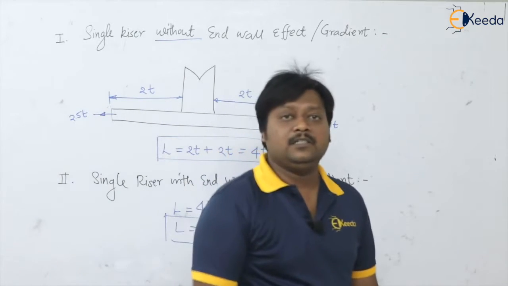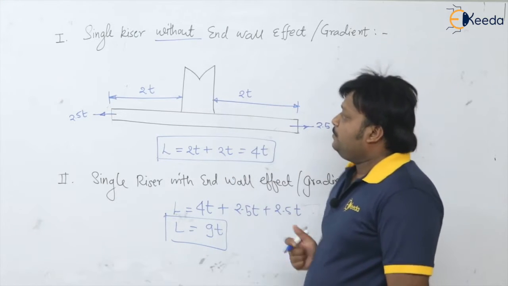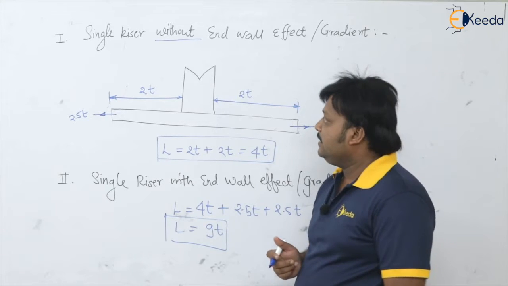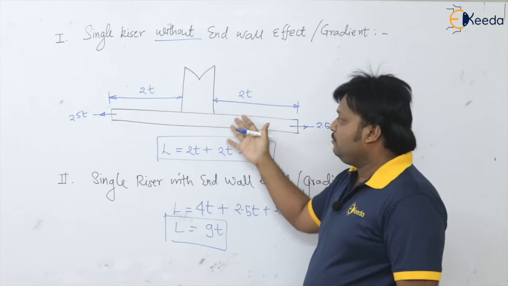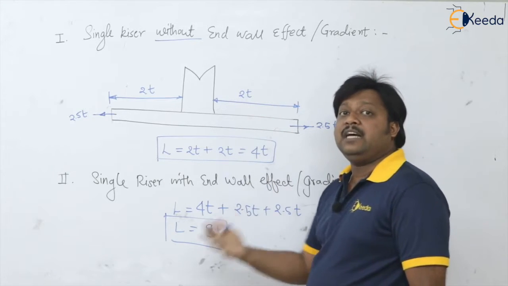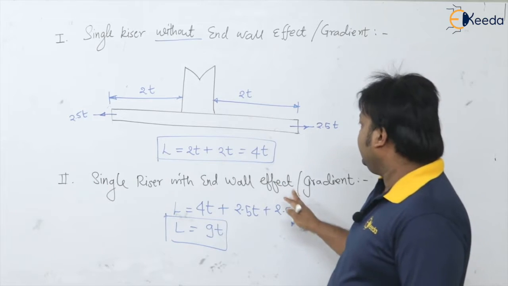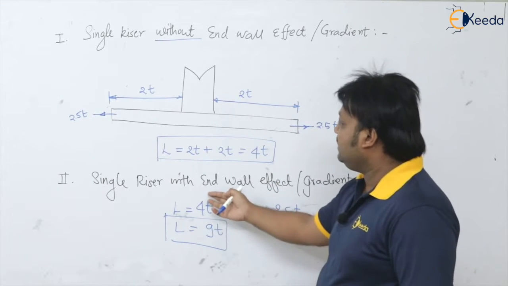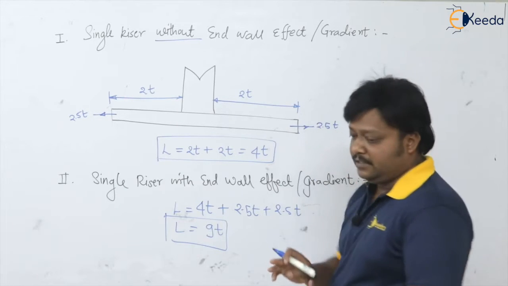Okay students, very simple. Now the third condition, I take it step by step. First there was no insulation, then we removed the insulation, now we are providing the chills. This is the extension. The third case will be the extension of the second condition, in which we provide the chill here.